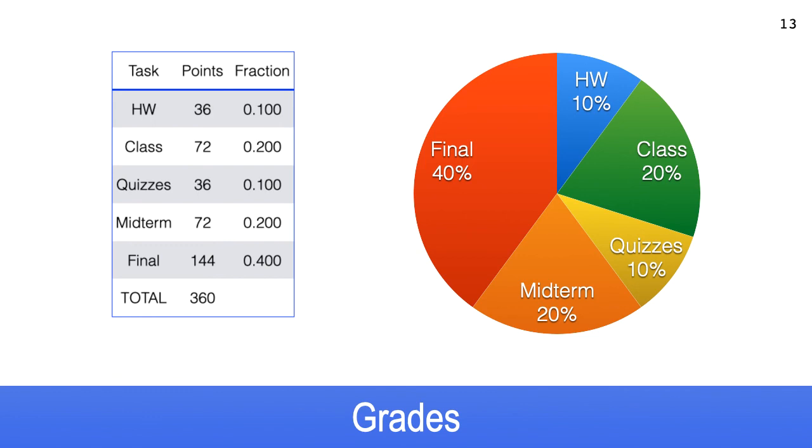So every day, every subsession, we'll at least be taking attendance, and we may have class participation points as well in some manner. We're still working on exactly how we're going to do that. So those will all be scaled down to 36 points for homework and 72 points for class participation.